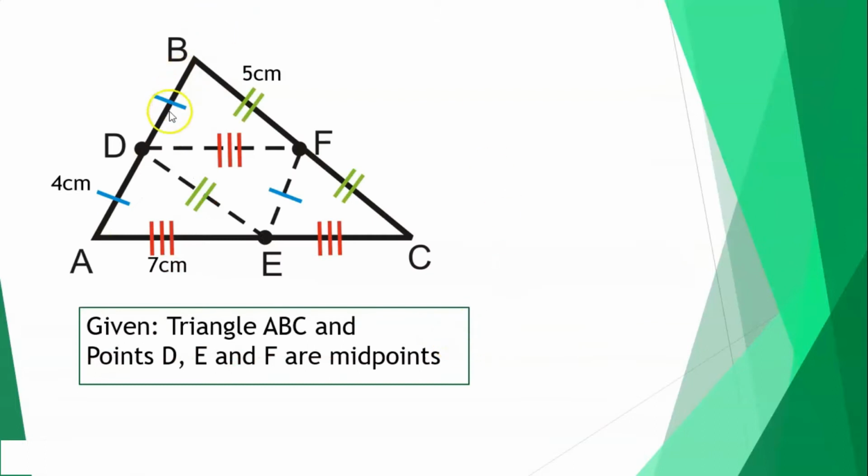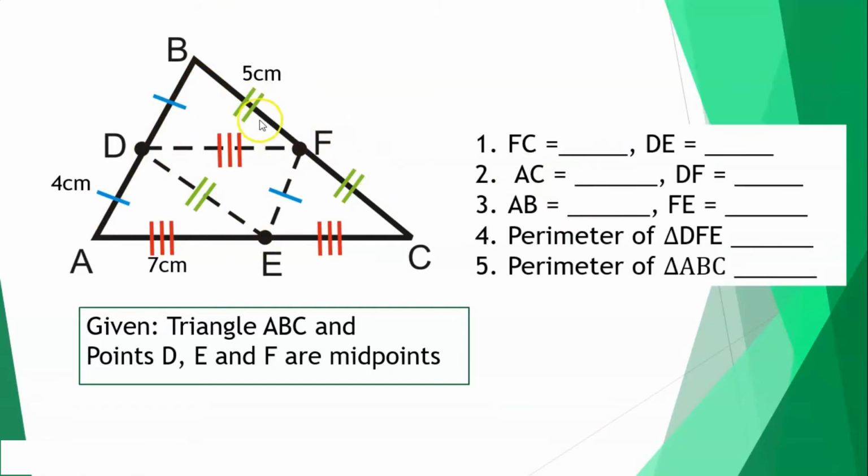Okay, another. Given this triangle ABC with points D, E, and F as its midpoints. If BF here is given as 5 cm, then FC is 5 cm. And DE, which is parallel to BC, is 5 cm as well.